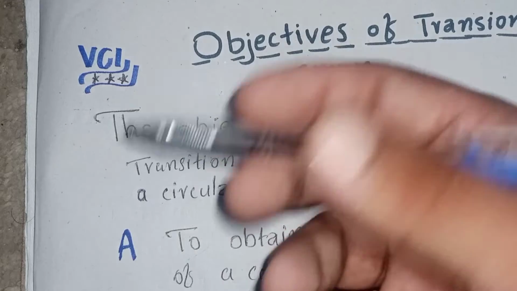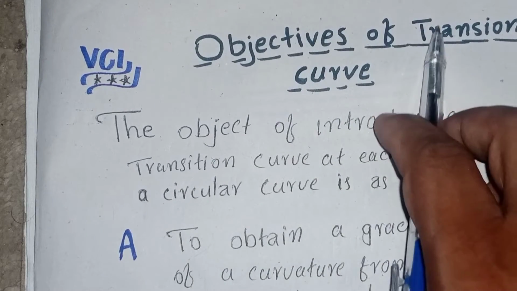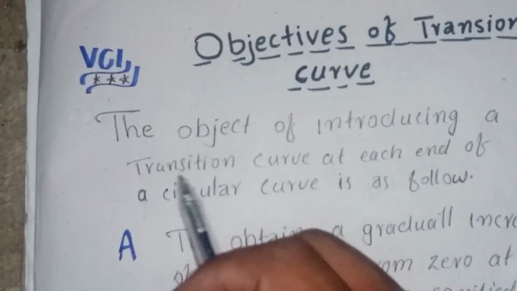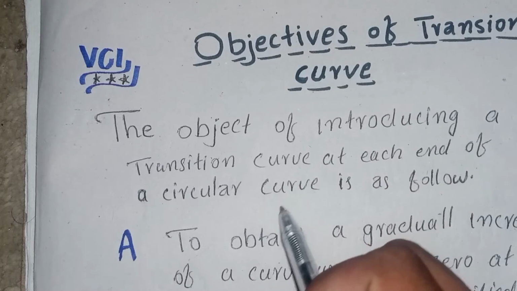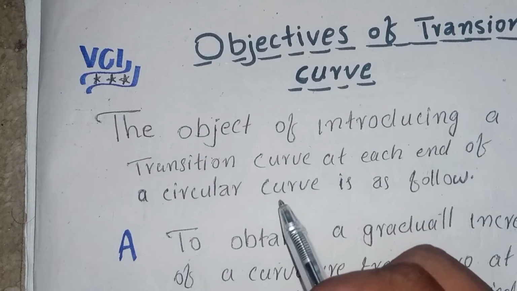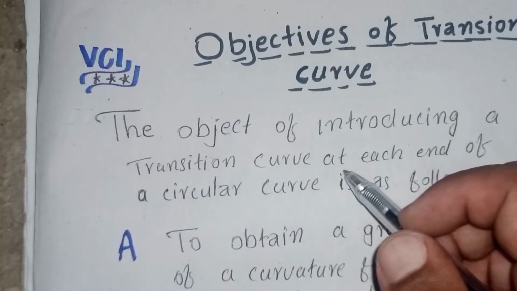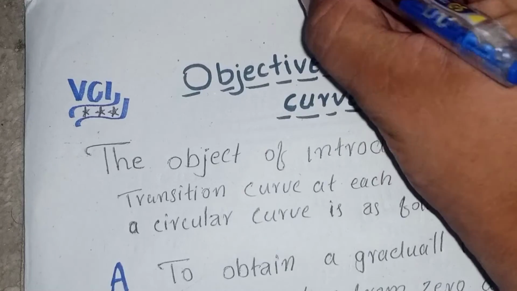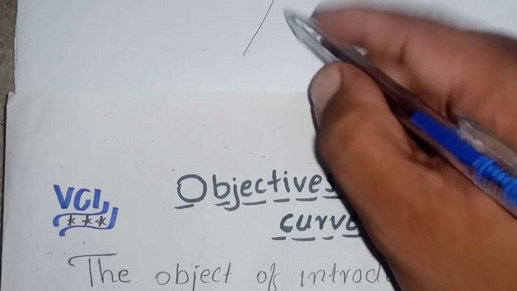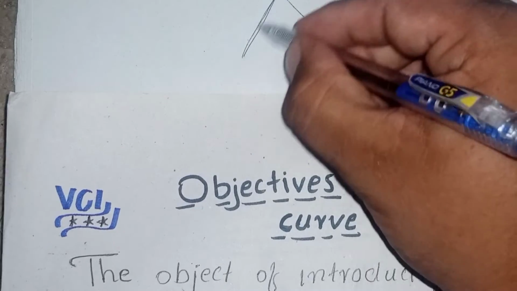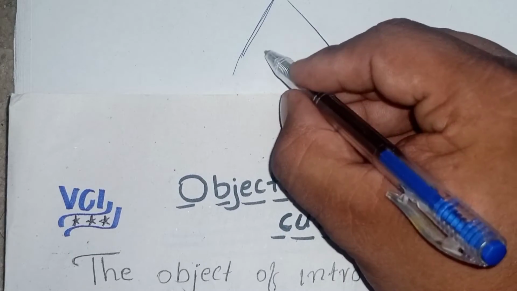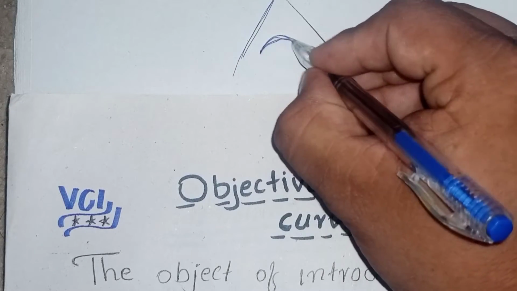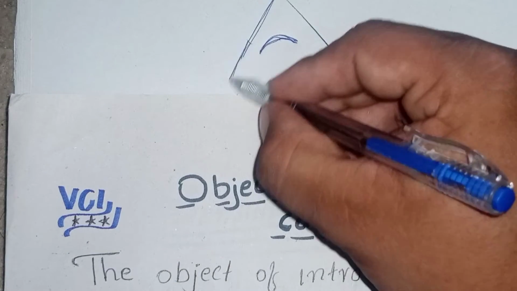Why do we provide a transition curve? Objectives of the transition curve. The objective of introducing a transition curve at each end of a circular curve is as follows.